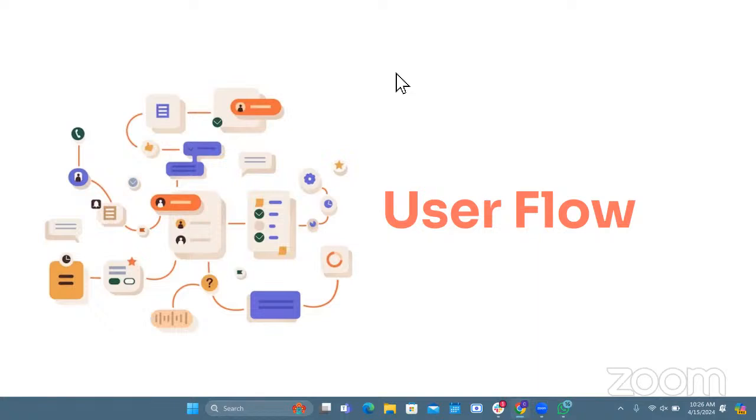So, Mr. Ora, can you help us with what you understand by the term user flow? Don't just give it a try. The goal is not to be very correct, but at least to get your mind around it.